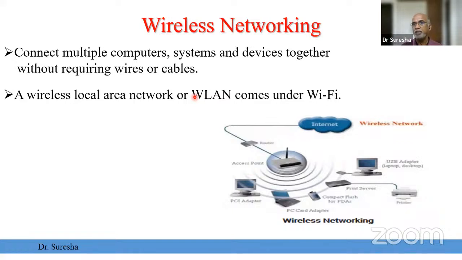Certain colleges have 20 Mbps or 40 Mbps, not even 100 Mbps, and they run all the labs. So when everybody starts using the internet, the speed comes down like anything. Whereas in satellite communication, that is not the case. This is practical, I'm telling you, because I've seen many colleges when I've gone on visits. A wireless local area network, or WLAN, comes under Wi-Fi.